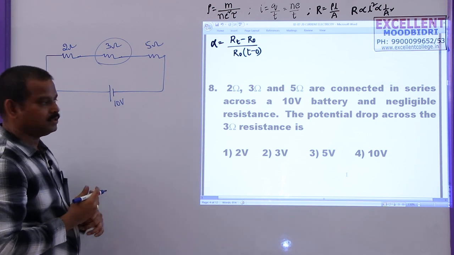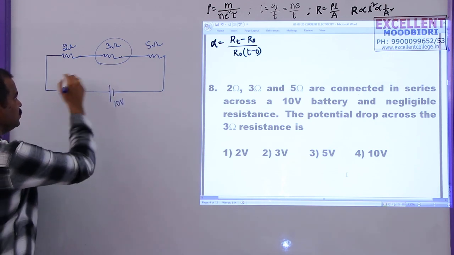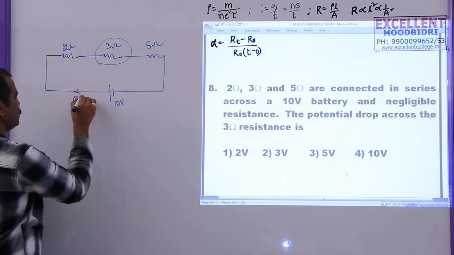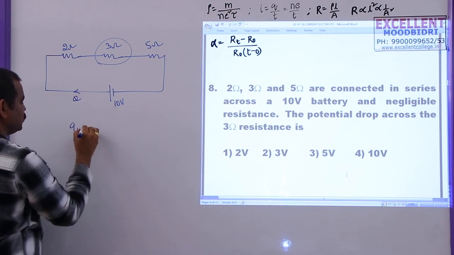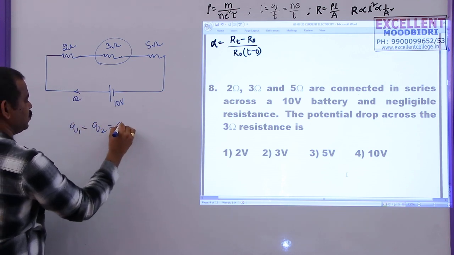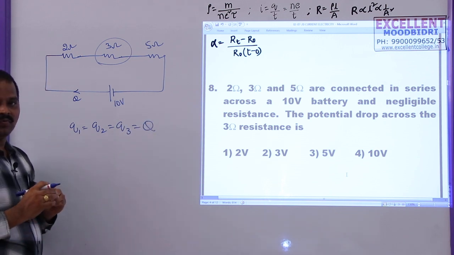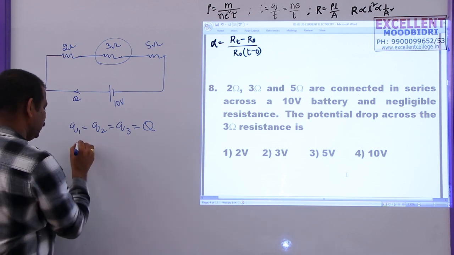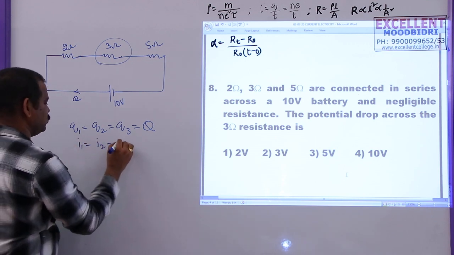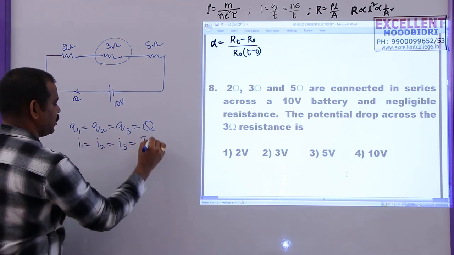Just like in capacitors, in resistors also, in series combination, the charge remains the same. That is, charge through the first one is equal to charge through the second one is equal to charge through the third one is equal to the net charge. But here we are going to find the charge per unit time. That is, I1 is equal to I2 is equal to I3 is equal to capital I.